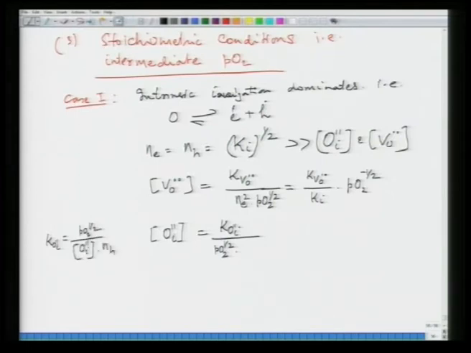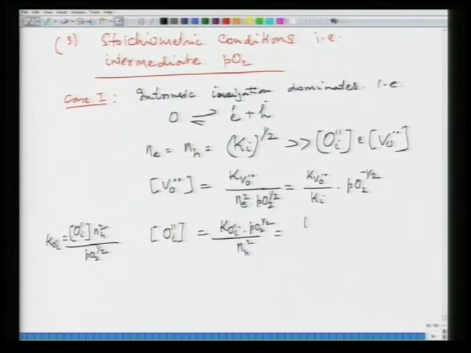So OI will be equal to KOI multiplied by PO to the power half divided by NH square.